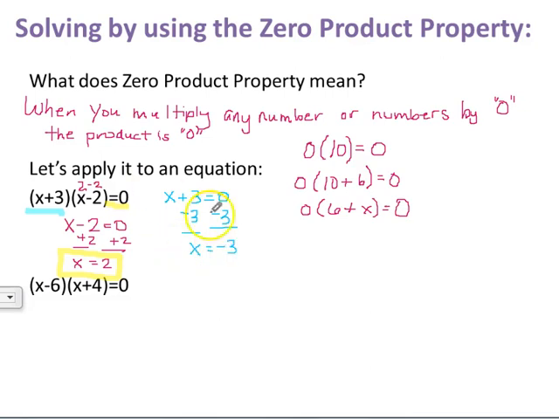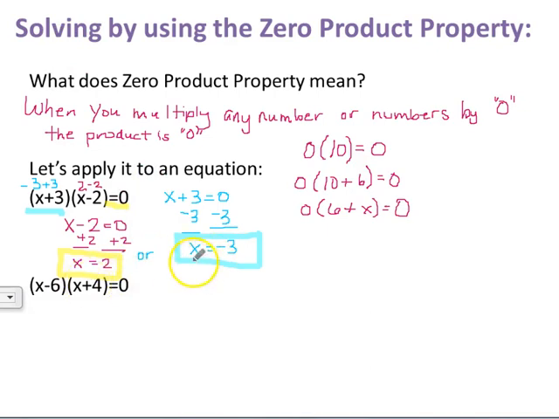So that's my other possible answer, that if I plug in negative 3 for x, that's going to give me a 0. And if I multiply by the other set of parentheses, I would get 0. So our solutions are going to be either x could equal 2 or x could equal negative 3.